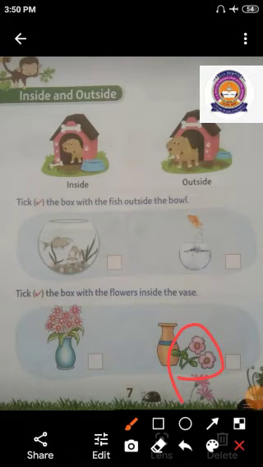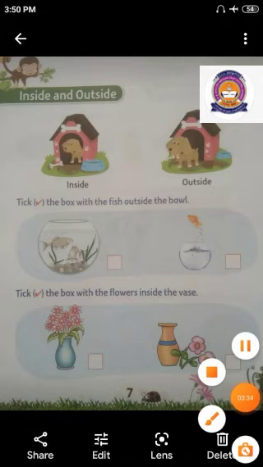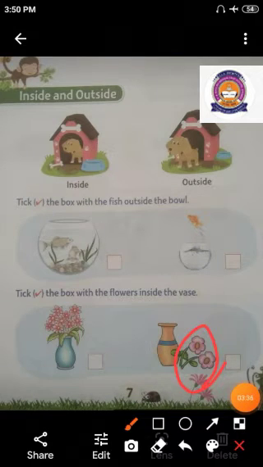Outside the flower vase, two flowers are there. Right, children? Yes. Outside the flower vase, how many flowers are there?